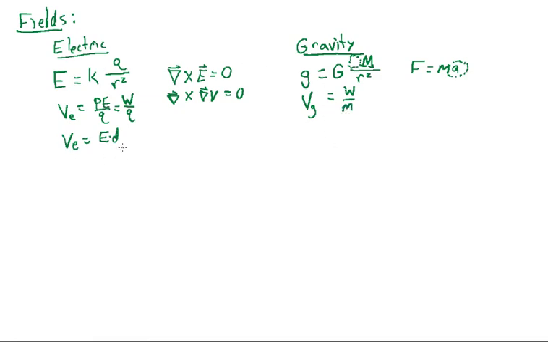And a lot of the same kind of stuff that we had over here, we can just rewrite over here with a little sub g and masses where all the q's were, and of course a big G where that k is. It's very similar mathematically, so a lot of this should be very familiar, even though we're doing this, and you've got to be sure you keep in mind that that is actually acceleration.